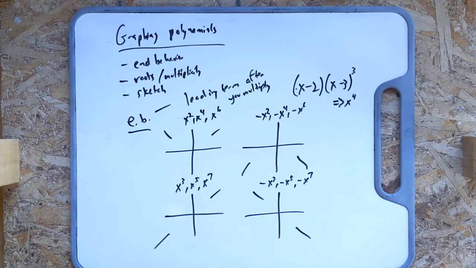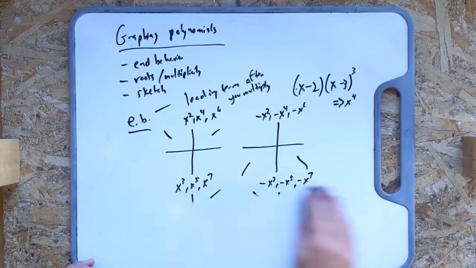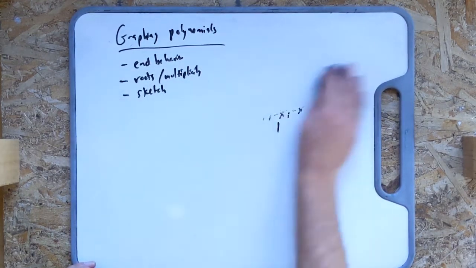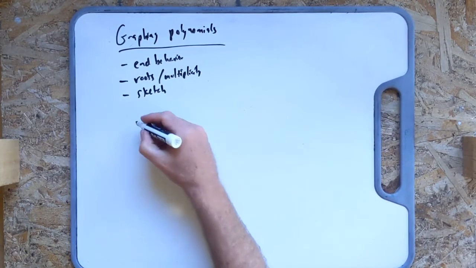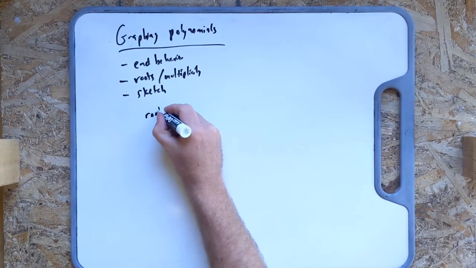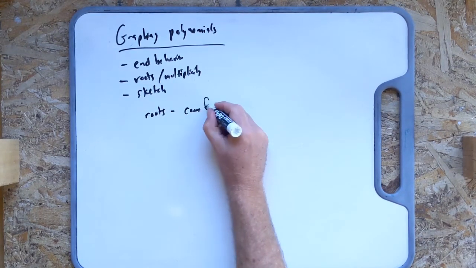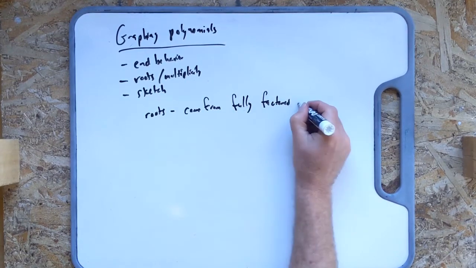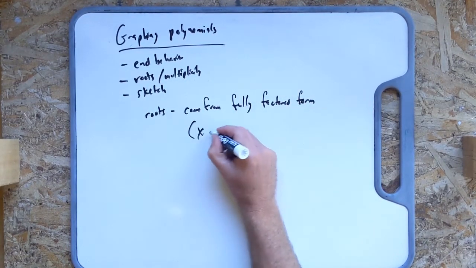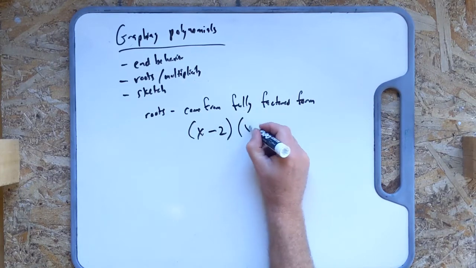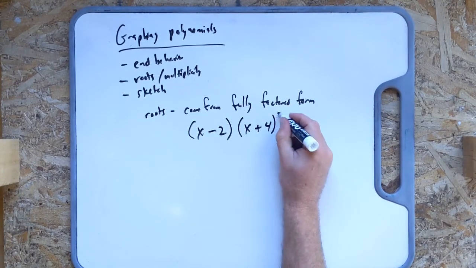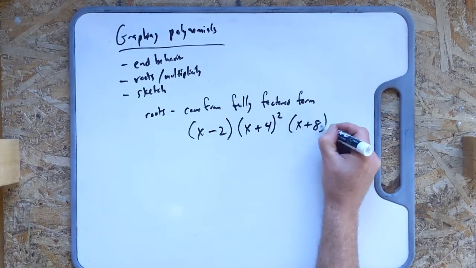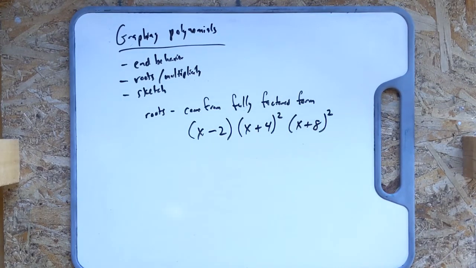Now we have to do the roots and the multiplicity, and then sketch. The roots come from fully factored form. So for example, x minus 2, x plus 4 squared, x plus 8 squared. Let's say that.